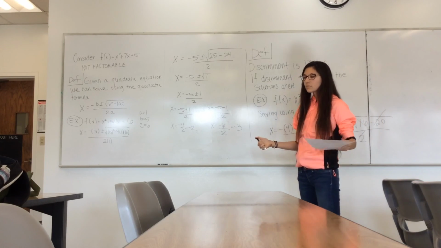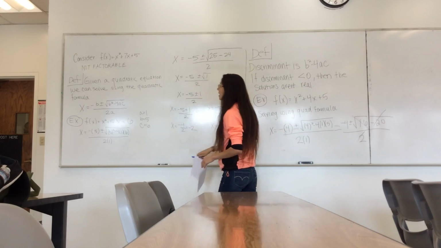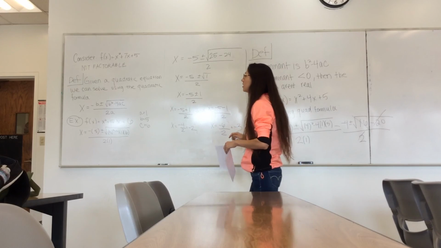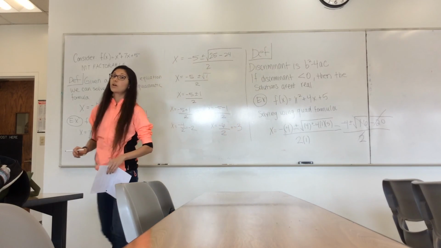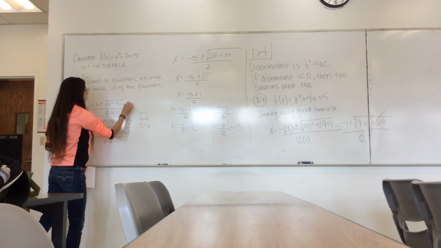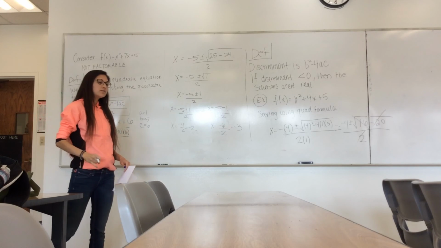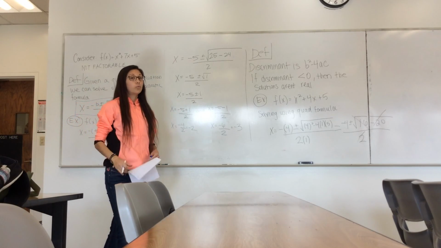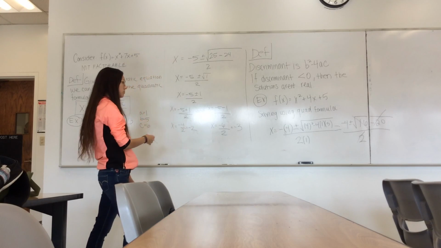So again, let's recall what we found out. Given a quadratic equation, we can solve using the quadratic formula, which is this baby right here. We know that it's going to give us our solutions. It's just another method. We could have factored if possible. If we can't factor, it's our go-to method.